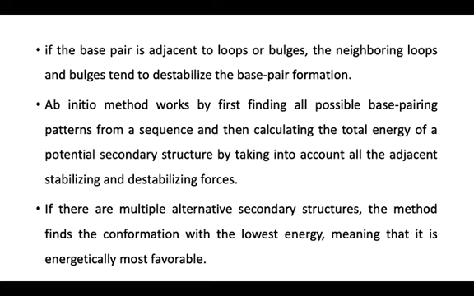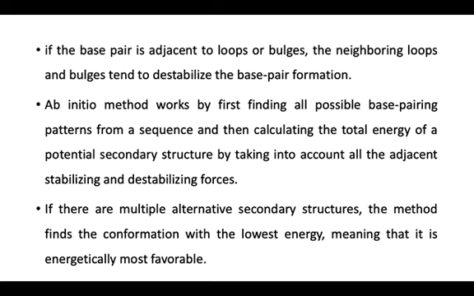The ab initio method works by first finding all possible base pairing patterns from a sequence and then calculating the total energy of the potential secondary structure by taking into account all the adjacent stabilizing and destabilizing forces. So this is a very key point here, how the overall approach of the ab initio method works.